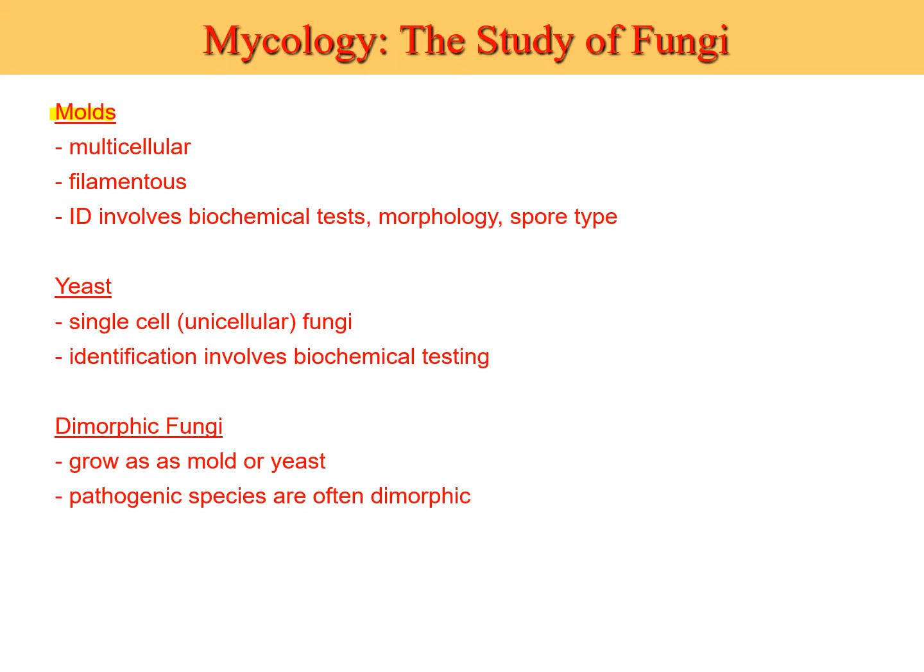This web of filaments also forms an important web for transferring nutrients between fungi and trees. Fungal organisms grow on the surface of roots underground. But we're not so interested in trees as we are in things that cause disease in humans, so let's move on. They're identified using biochemical tests or morphology or by the spore type.